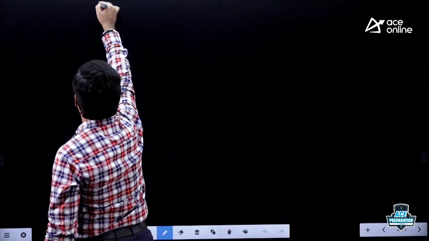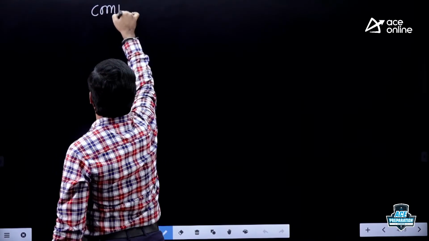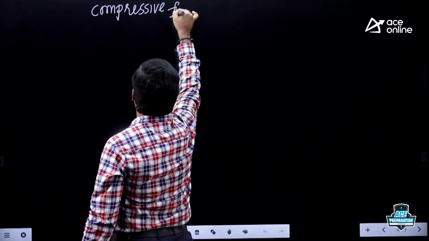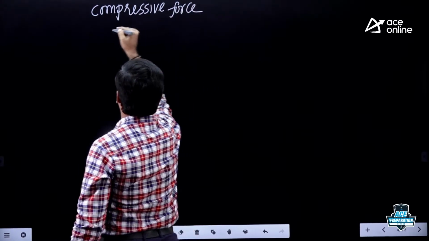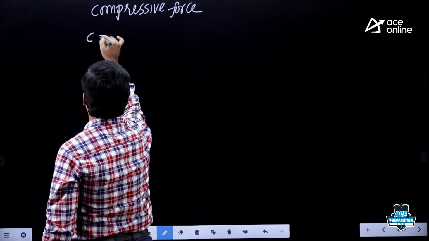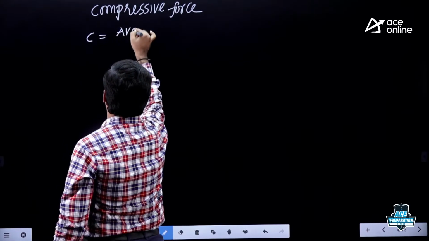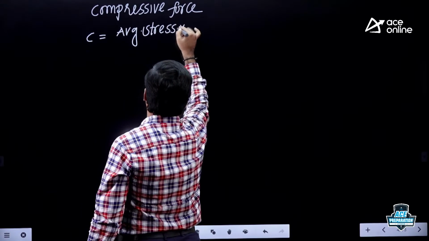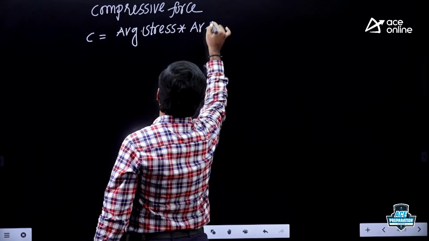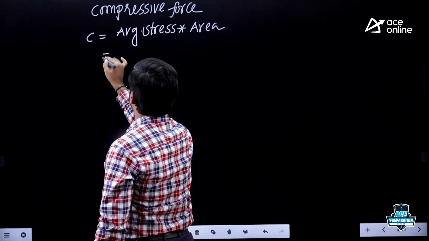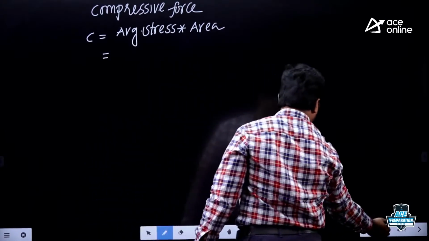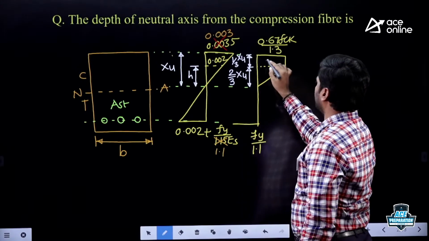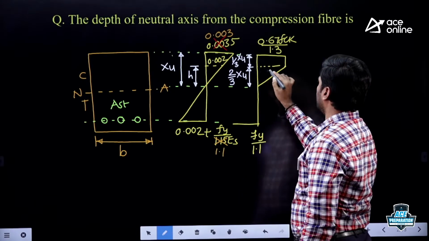Next step, compressive force. We want the compressive force. Compressive force C equal to average stress into corresponding area. My dear, what is the average stress here? If you go back to the figure, first we have to take the rectangular portion, then we will take the triangular portion.